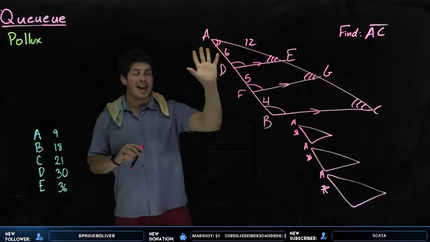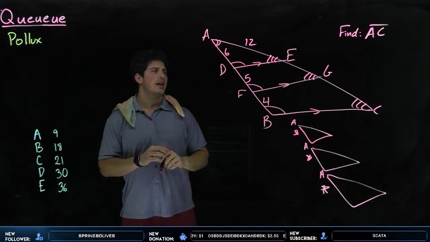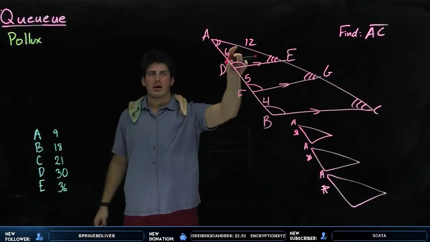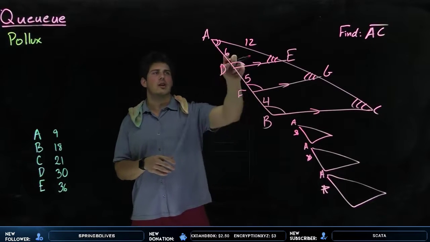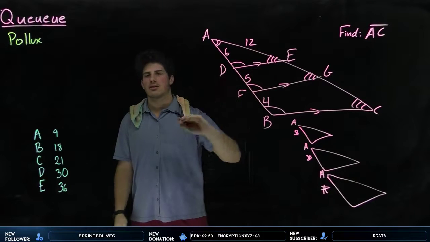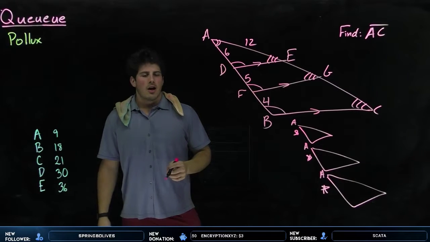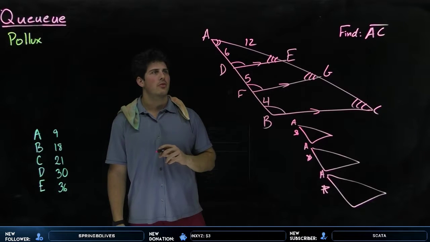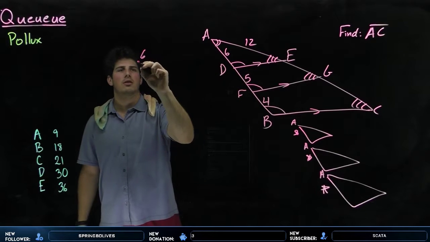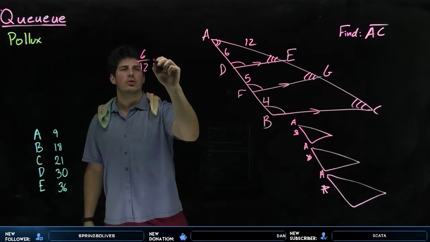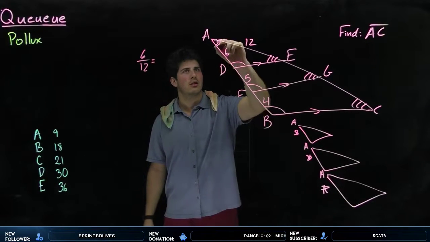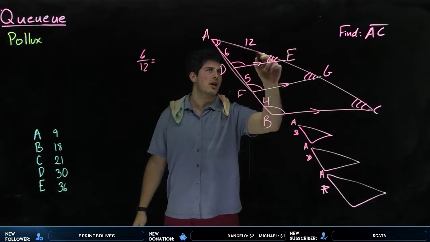So what I know now is that from this length to this length, there's already a ratio, right? I know for this triangle it's 6 to 12, and I don't know what this length is, and I don't care. But because all of these triangles are similar, this ratio of 6 to 12 has to hold true for all the other sides here to the long sides here.